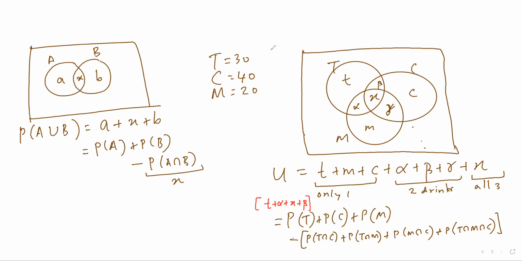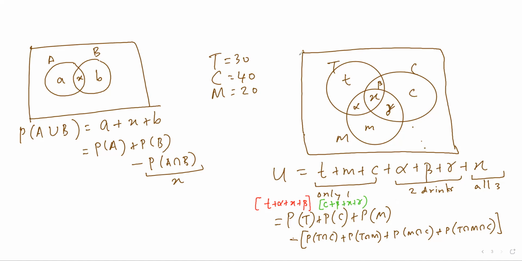And C can be marked as, I will use a different color, C plus beta plus X plus gamma.